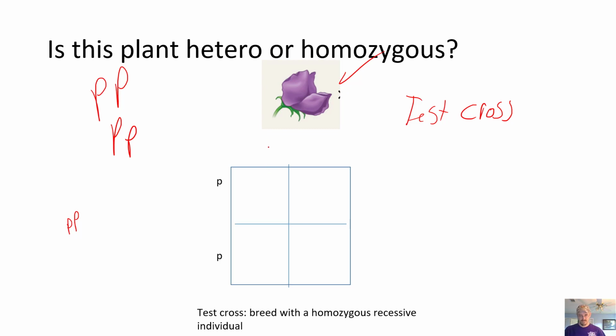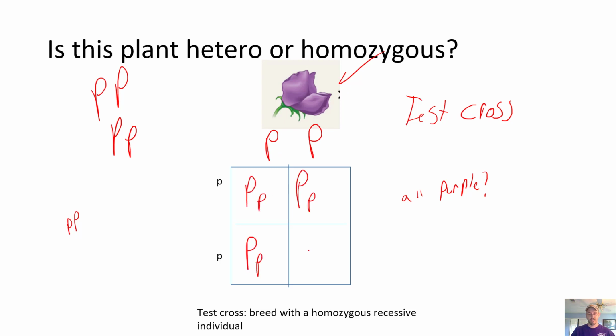So what if you took this purple flower and you bred it with this plant, and you got, let's say, all purple plants produced? What if all the offspring came out all purple? Well, then you know that this was big P, big P, because this would be the outcome, right?